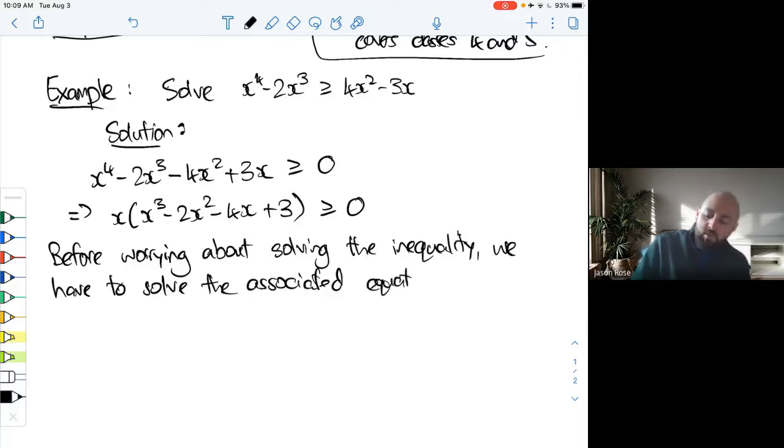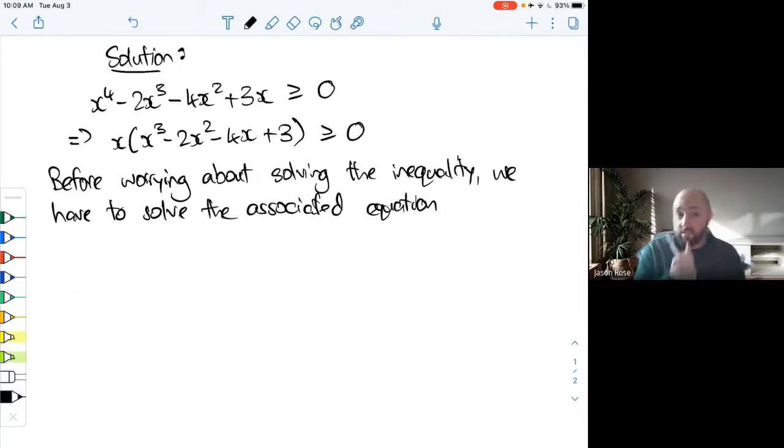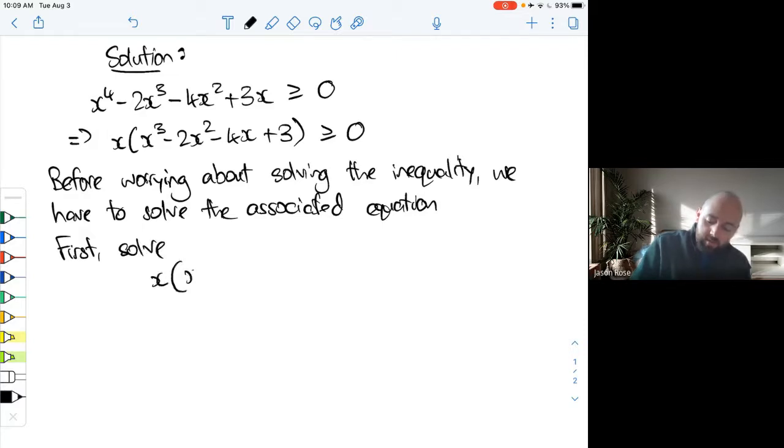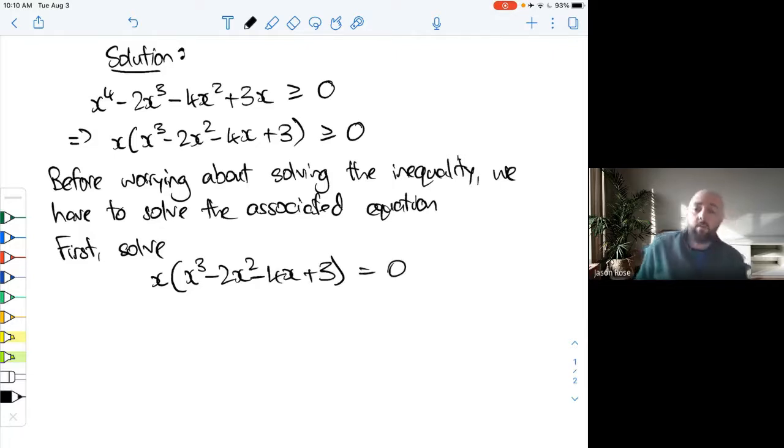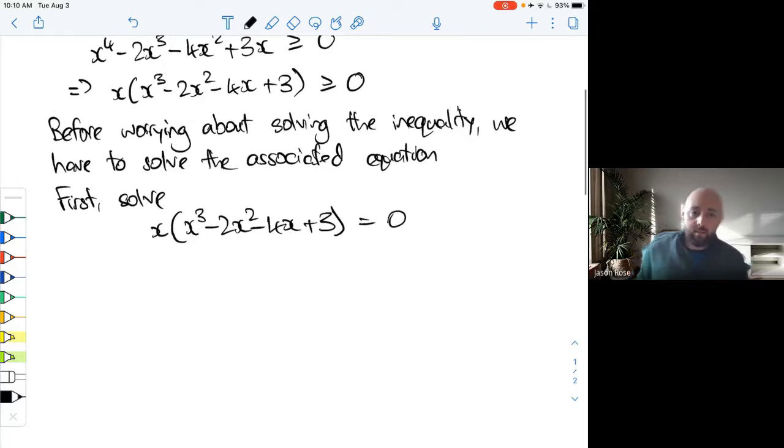So meaning that we're just going to drop that inequality symbol and solve it as an equation first to see where it's zero or see where the polynomial crosses the x-axis. So first what we're going to do is solve x times x cubed minus 2x squared minus 4x plus 3 equal to 0. We'll worry about the inequality in the end.